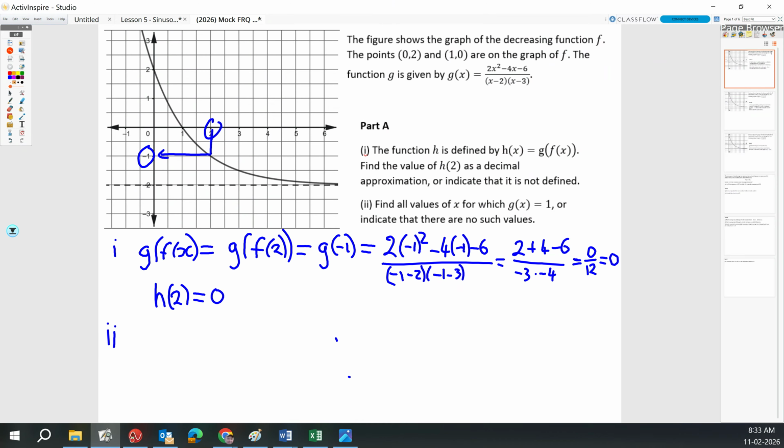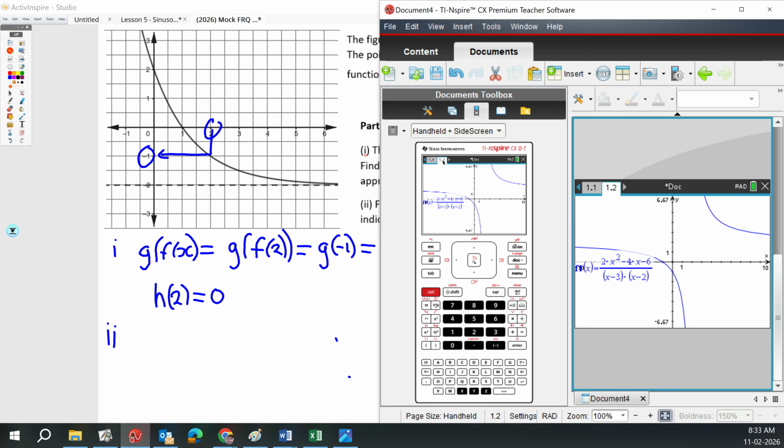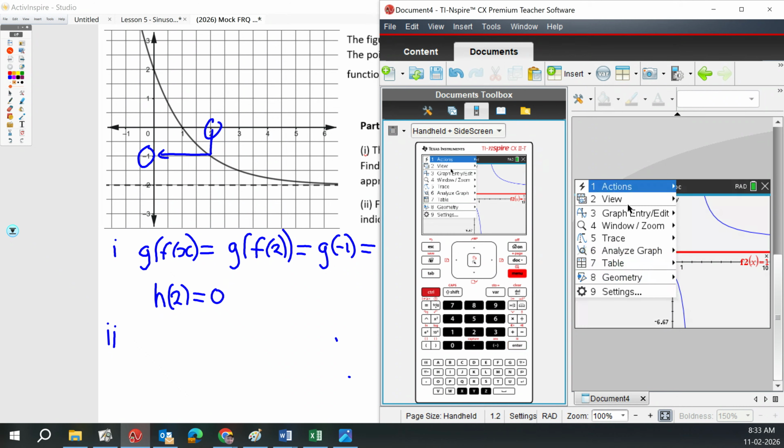So in our second one, we need to find all the values of x for which g of x is equal to 1. We'll start off with the calculator and figure out what the answer is. We can see that the graph is looking like this. It's only going to cross once. On the graph, we can put in y equal to 1, and we want to find this point here.